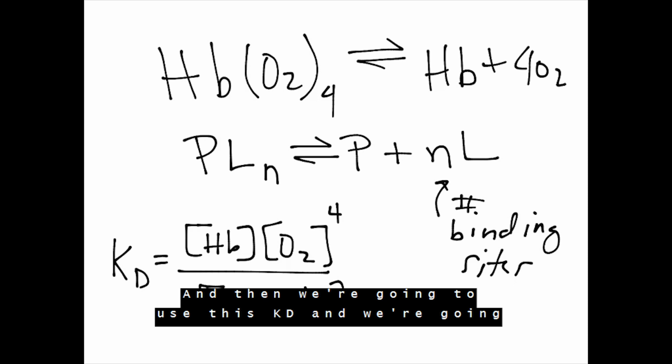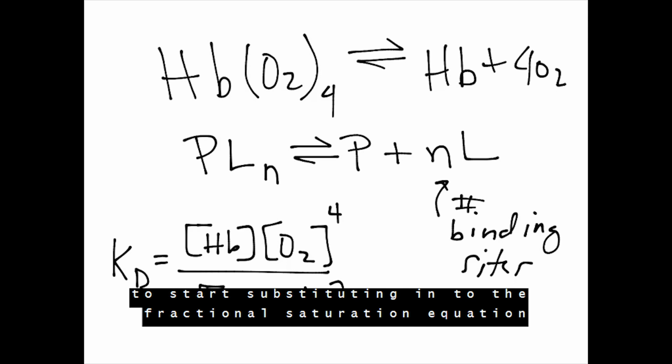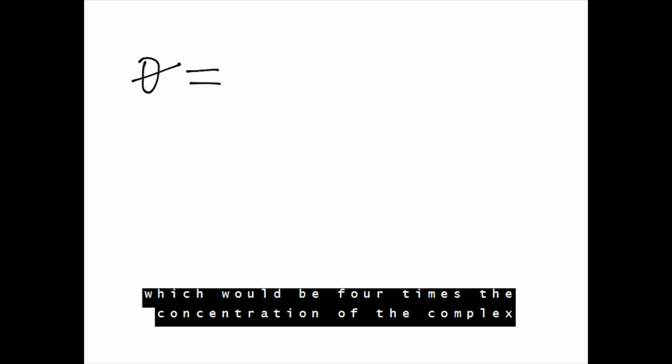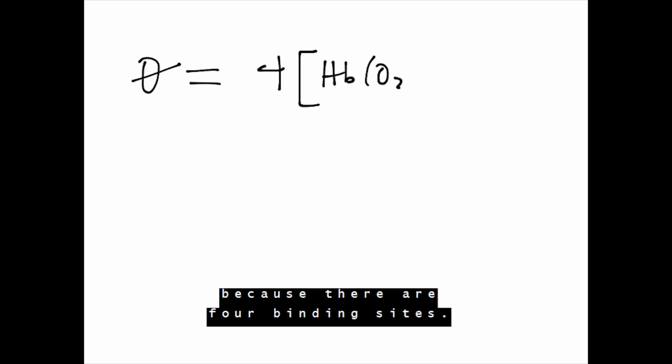And then we're going to use this KD and we're going to start substituting into the fractional saturation equation using our KD. So we know that the fractional saturation of hemoglobin would be the binding sites occupied, which would be 4 times the concentration of the complex, because there are 4 binding sites.